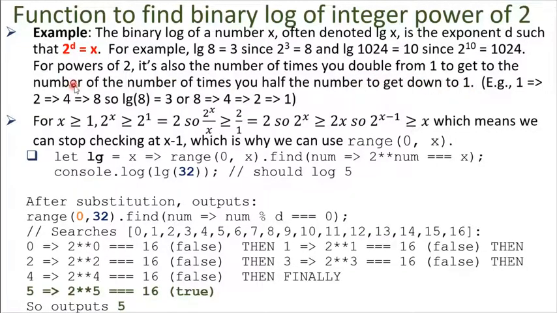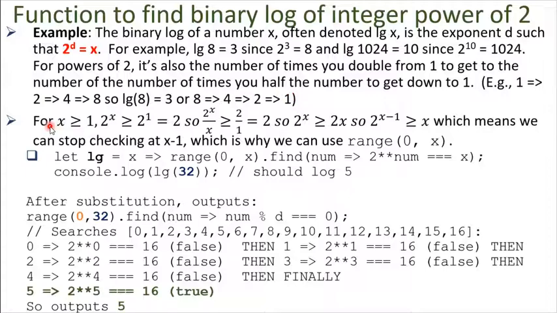So as an example, the binary log of 8 is 3, because if you start with 1 and you double 3 times, you get to 8, right? So 1, 2, 4, 8. You could also think about it as halving: 8, 4, 2, 1. So in both cases, you get 3, and that's what the binary log of 8 is.